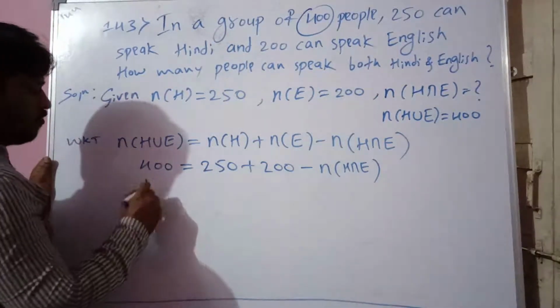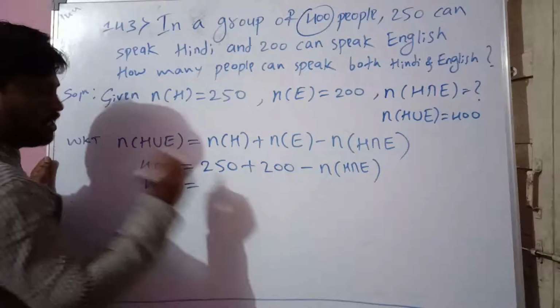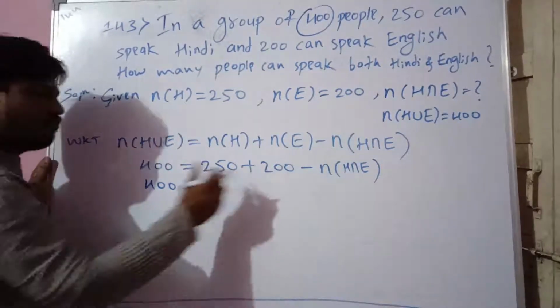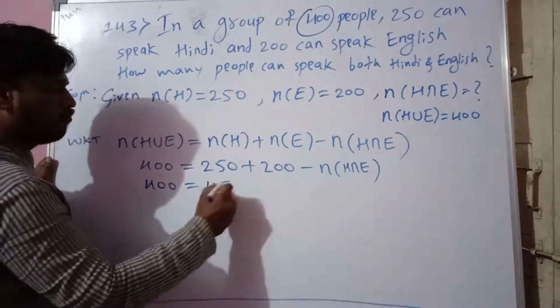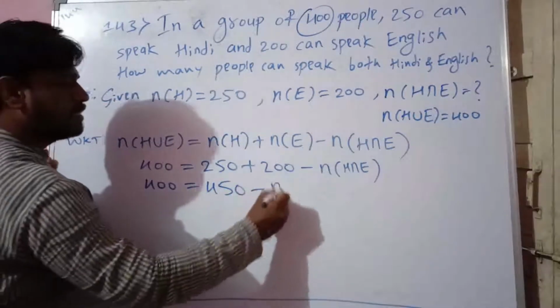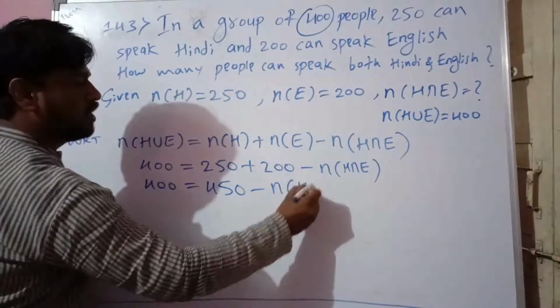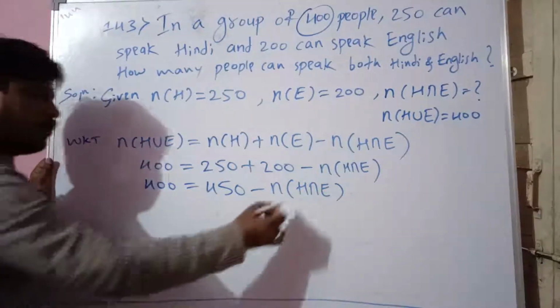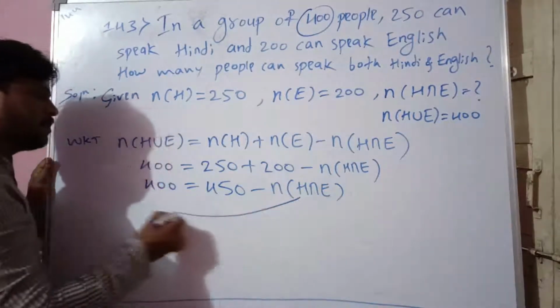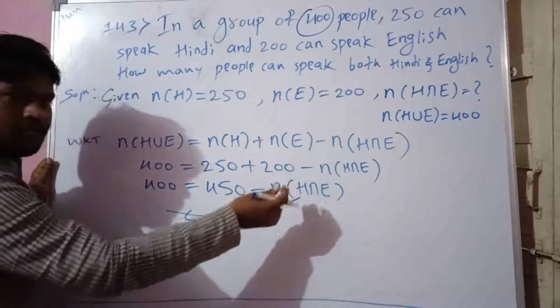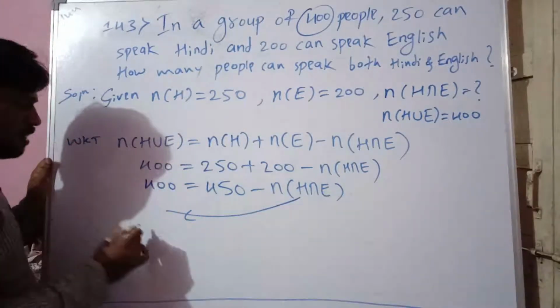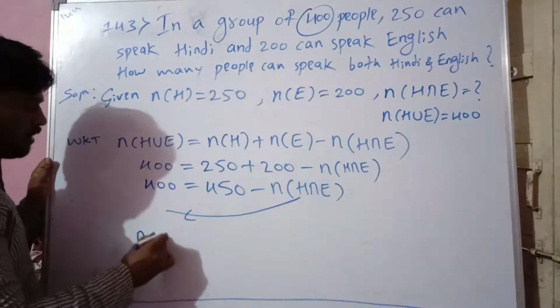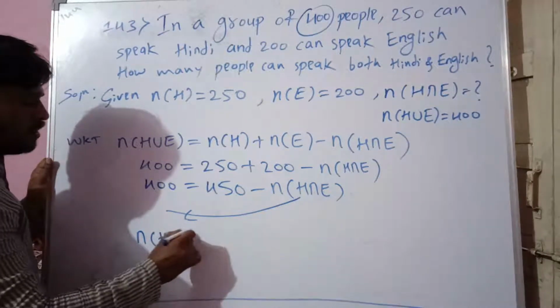After that 400 as it is, sum of these two gives 450 minus n of h intersection e. You take minus h intersection e in LHS, that becomes plus, means n of h intersection e.